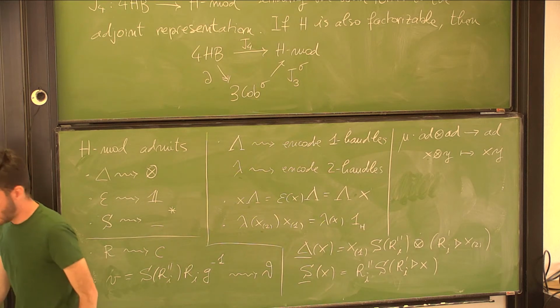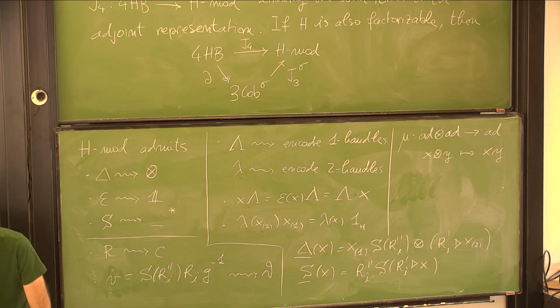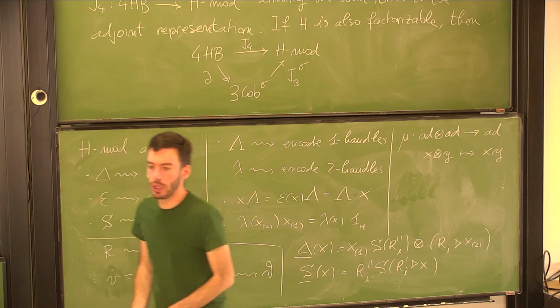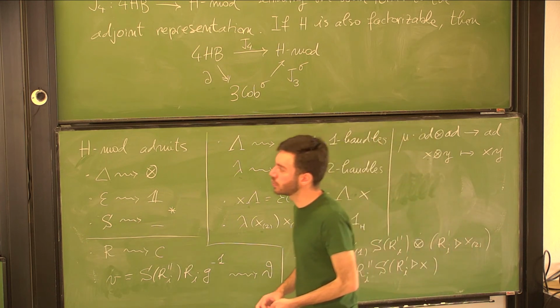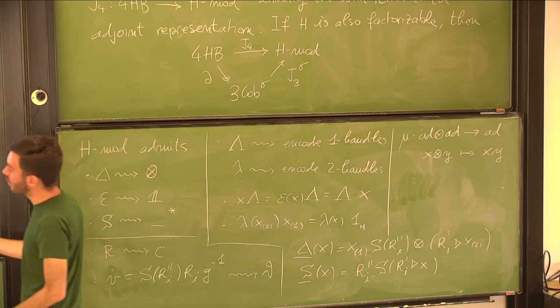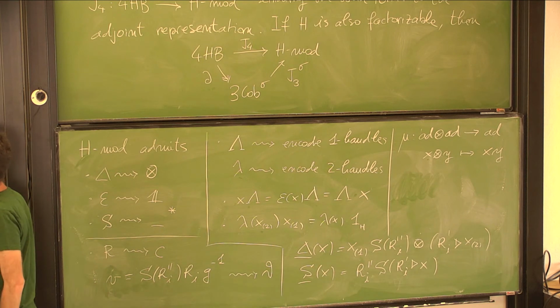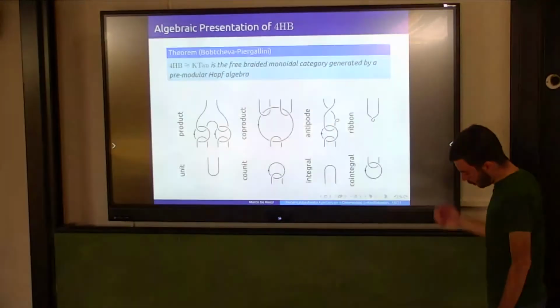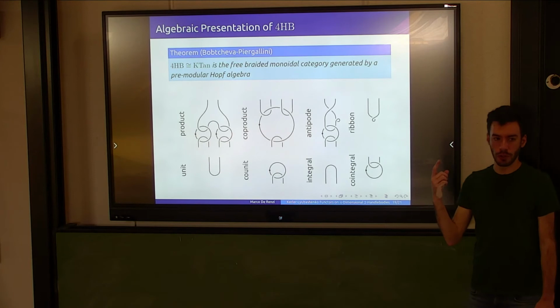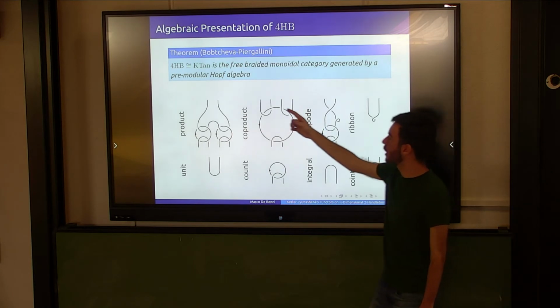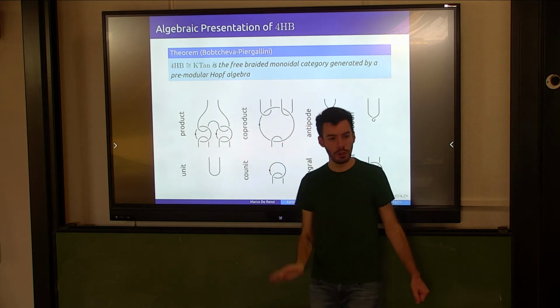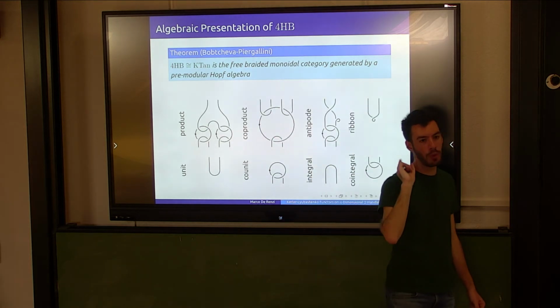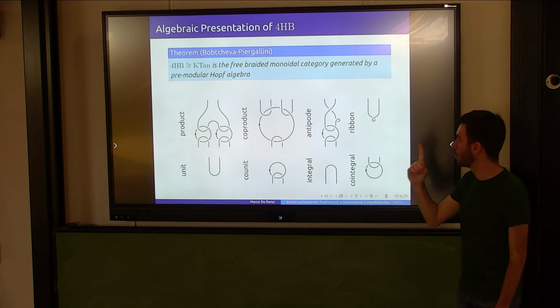So now the adjoint representation is a pre-modular Hopf algebra. Now I can come back to the slide I gave you a preview of in the first talk, and the claim was that if you consider the solid torus, which is an object in 4HB, in curvy tangles you should consider the natural number 1, the genus of the solid torus.